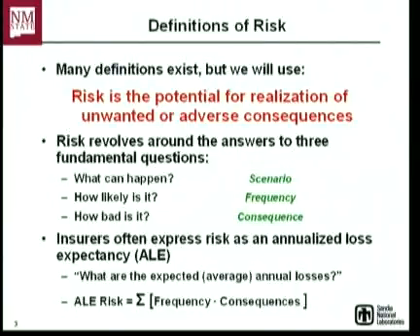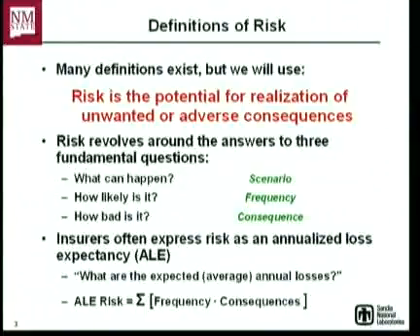Really, some of the earliest risk assessment work was done in the area of the insurance industry, and they always aggregated things in terms of an annualized loss expectancy. So, for example, with your automobile insurance policy, the insurance company is looking at how bad is it, what's the level of loss that they will expect for a given accident, how likely is it, how many accidents occur in a given year, and what can happen, what kinds of accidents, and they're writing their insurance based on that.